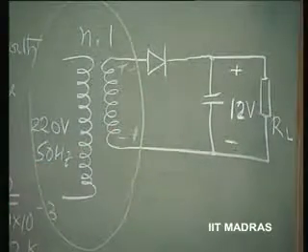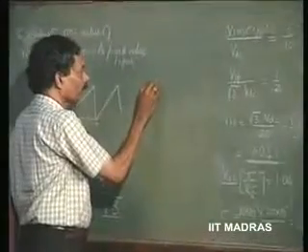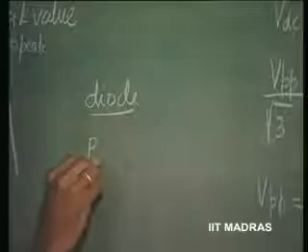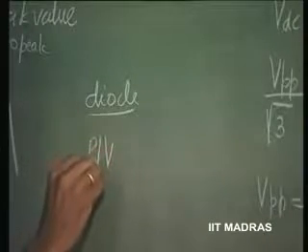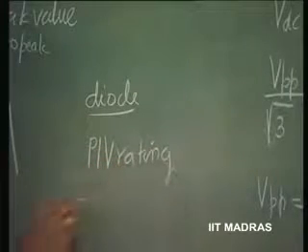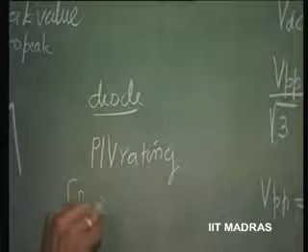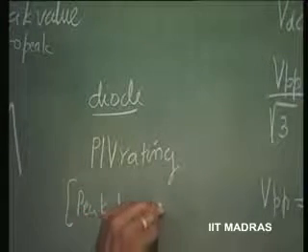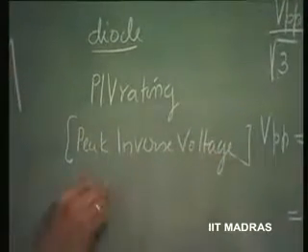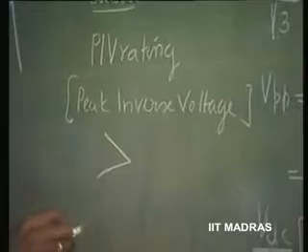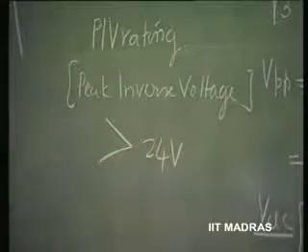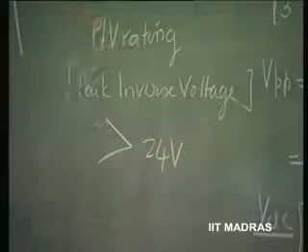So, the diode specification, the peak inverse voltage rating, PIV rating for the diode, should be greater than 24 volts. This is one rating for the diode.